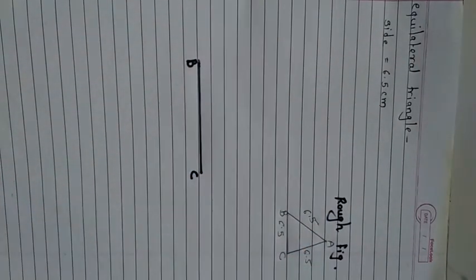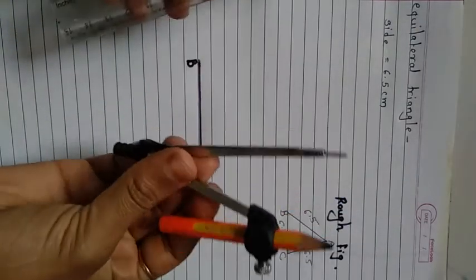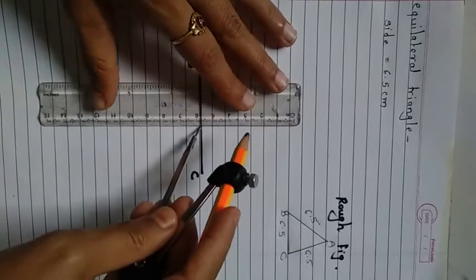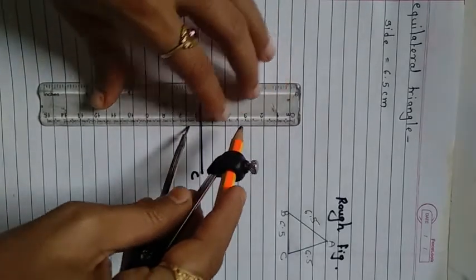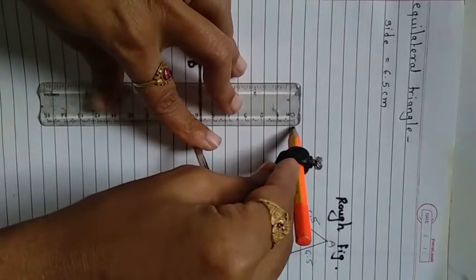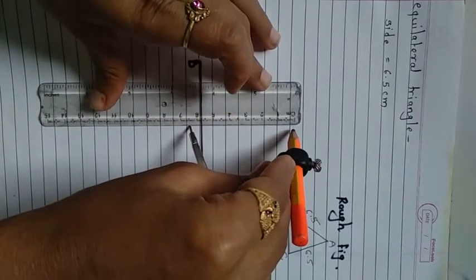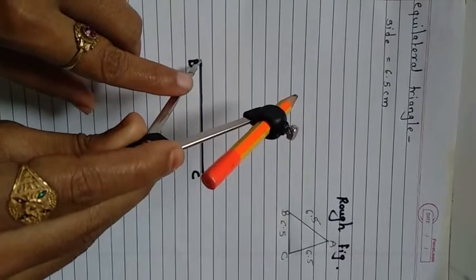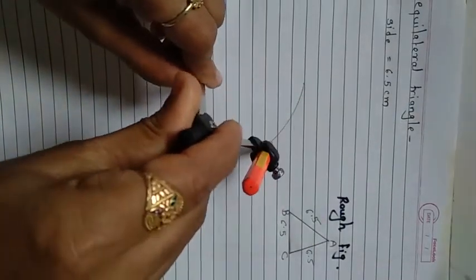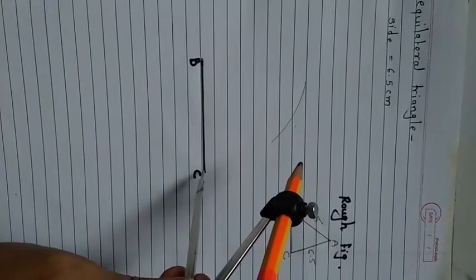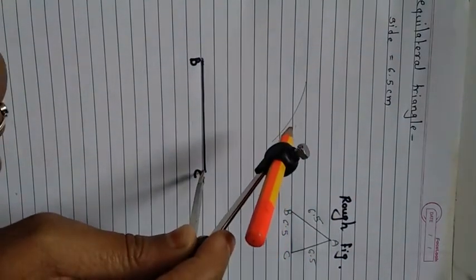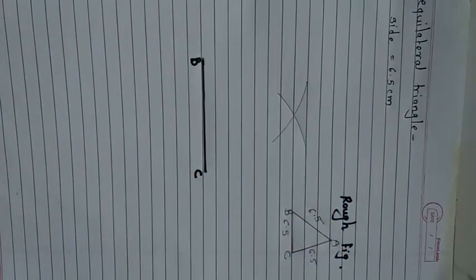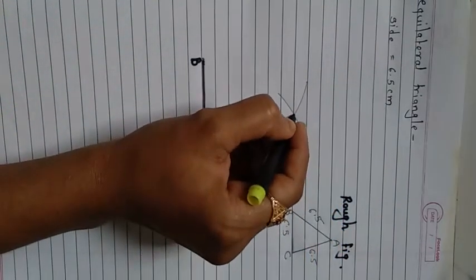I am drawing by using the compass. First of all, I am going to take 6.5 in the compass. Now put the pointer of the compass on point B and draw the arc. Same, put the pointer of the compass on point C and draw the arc. Then you are getting the point.